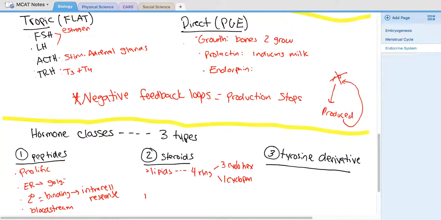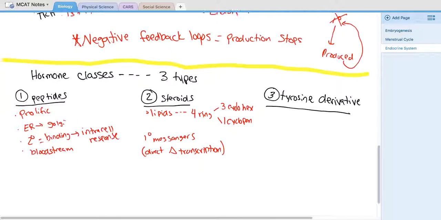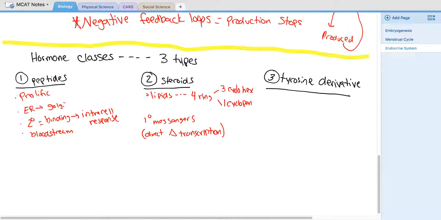These are usually primary messengers, and what I mean by that is you're going to have a direct change of transcription, so it'll directly act on the nucleus. Usually steroids are from the adrenal organs plus gonads.